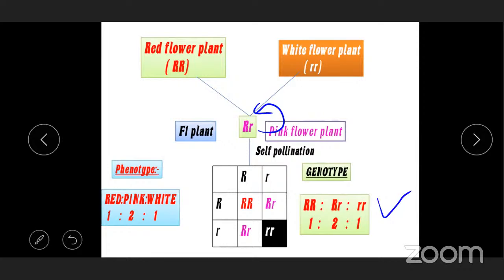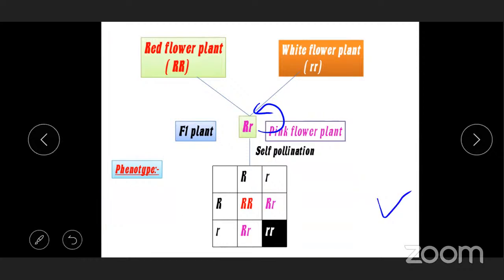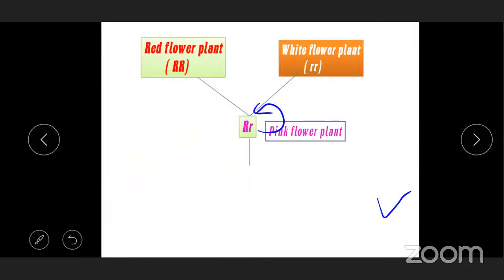So now another deviation in the law of dominance is co-dominance. Yes. What is that? Co-dominance.